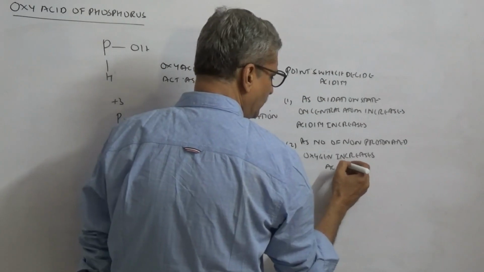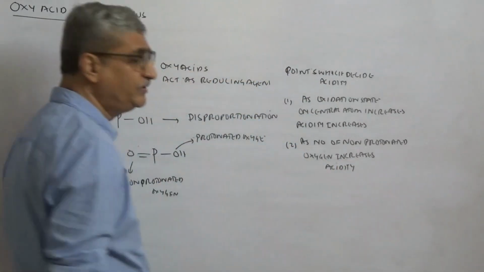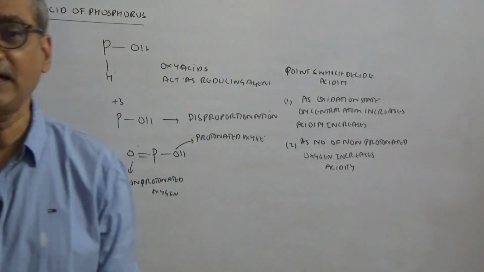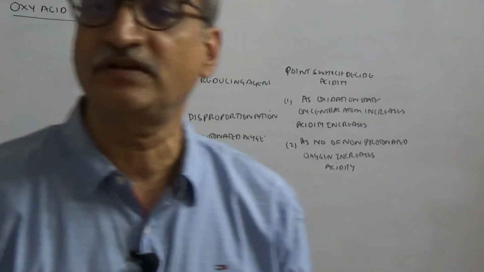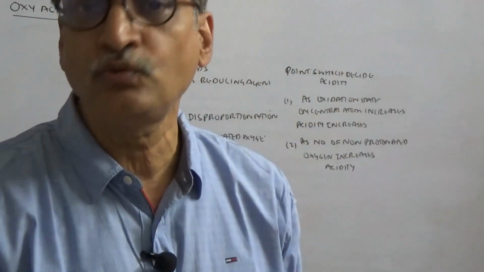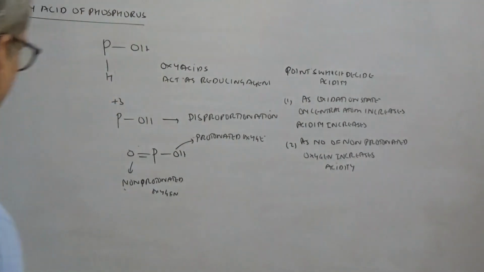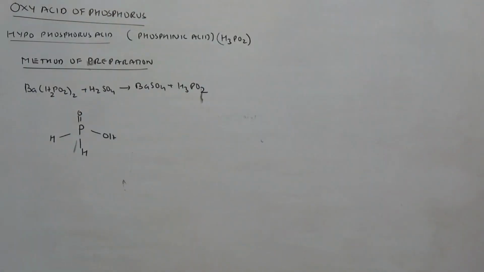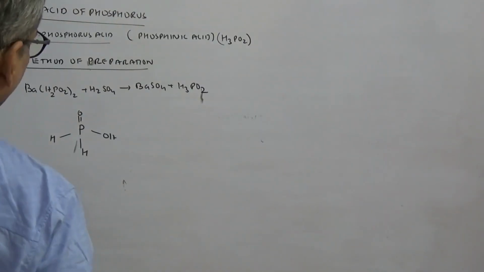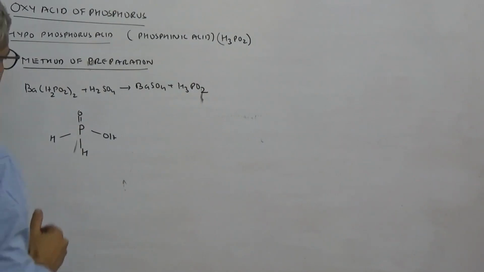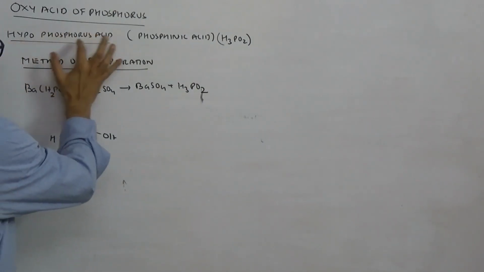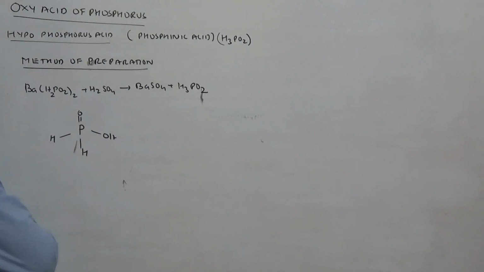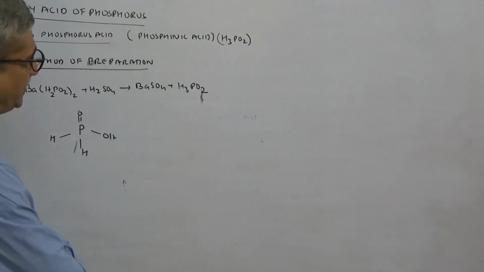So these are the two criteria that we use in order to explain the question of which oxyacid of phosphorus is more acidic. This is the general rule which we have given for how to answer the question in the entrance exam. The first oxyacid that we are going to discuss is hypophosphorus acid, also called phosphinic acid.